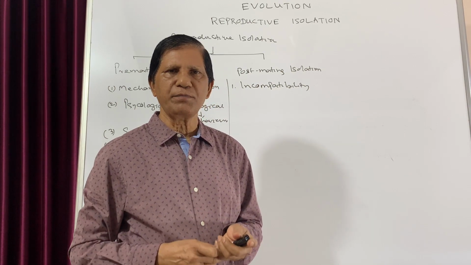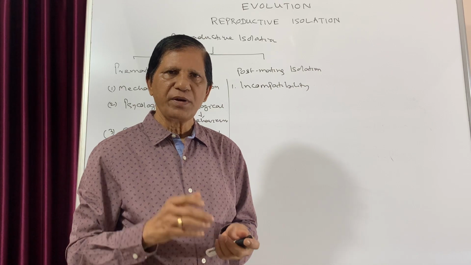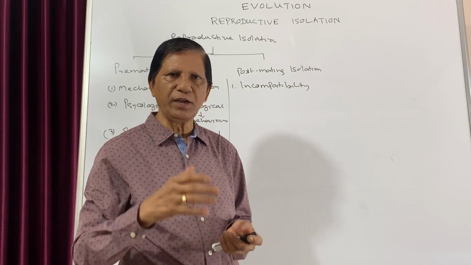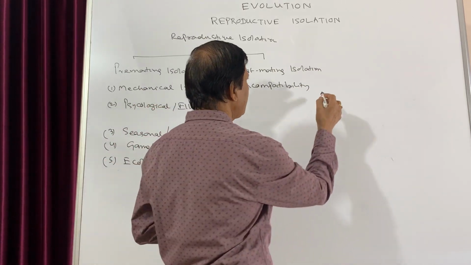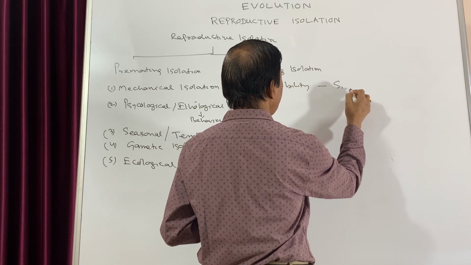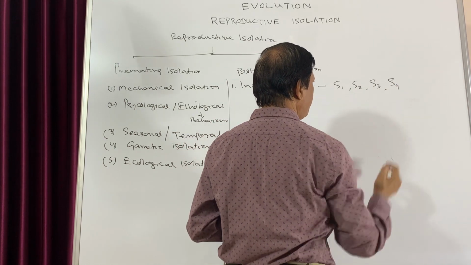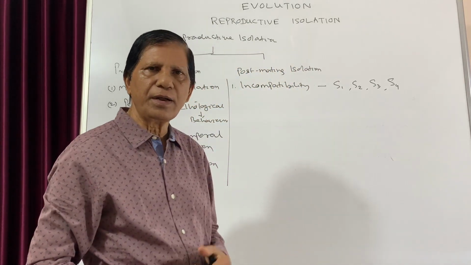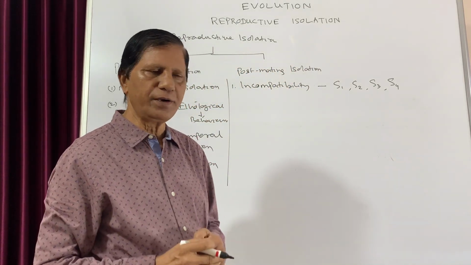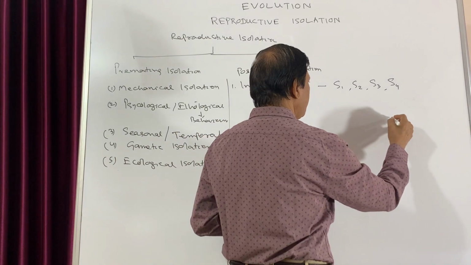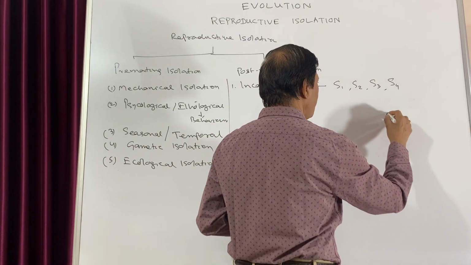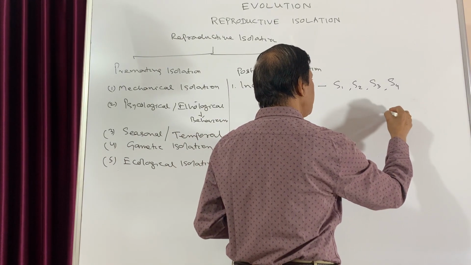Suppose you take the case of some plants. In plants, for incompatibility or sterility, there are genes like S1, S2, S3. These are different alleles for sterility or incompatibility. Suppose this is the stigma and this is the pollen grain.